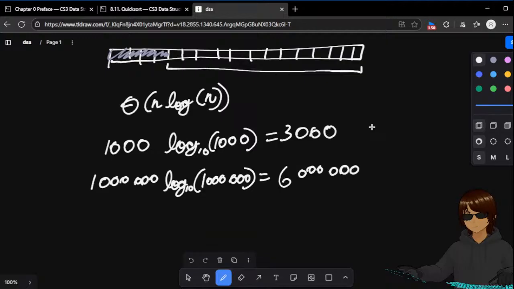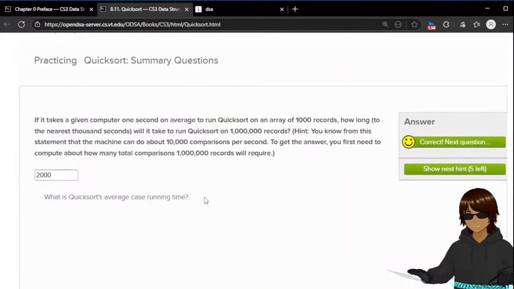If it takes this many in 1 second, I divide this by 3000, and I'll get 2000 seconds. That's how I got 2000 over there.